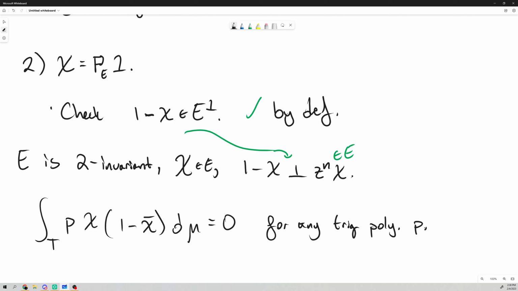The result of this is something very nice. What do we know about trigonometric polynomials and continuous functions?